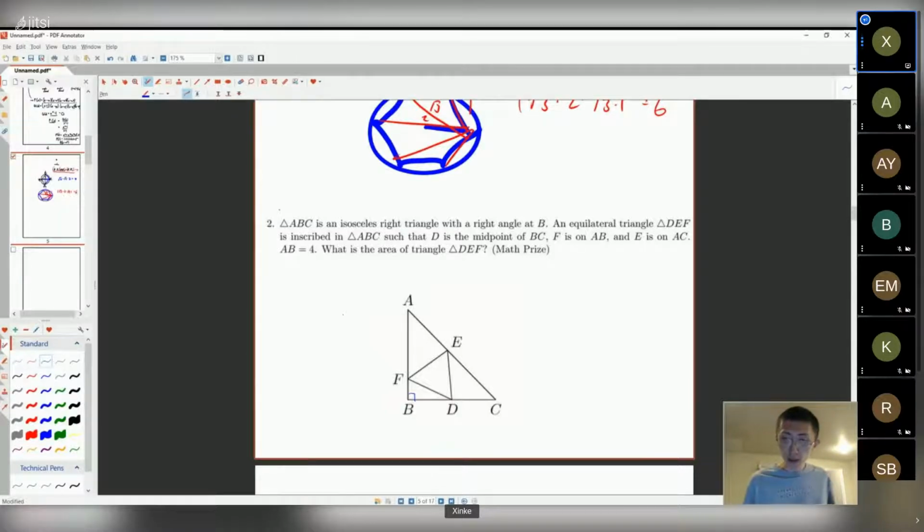Equilateral triangle DEF, and D is the midpoint of BC. F is on AB, E is on AC, and AB is 4. So what's the area of, so we need the side length of the equilateral triangle. Any thoughts on this?